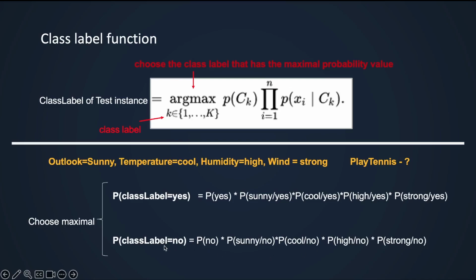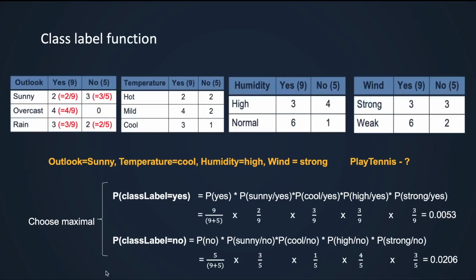Similarly, we will have the prior probabilities and conditional probabilities for no. Calculation of the class label for the given test instance is as follows.